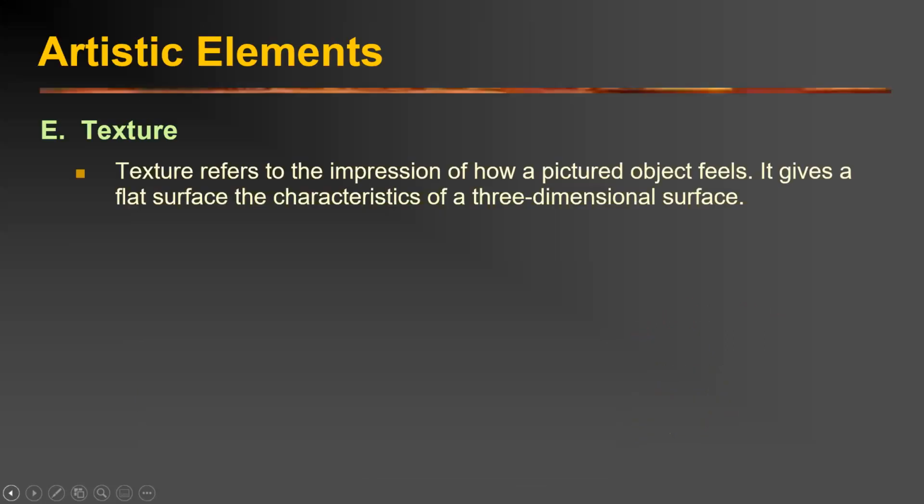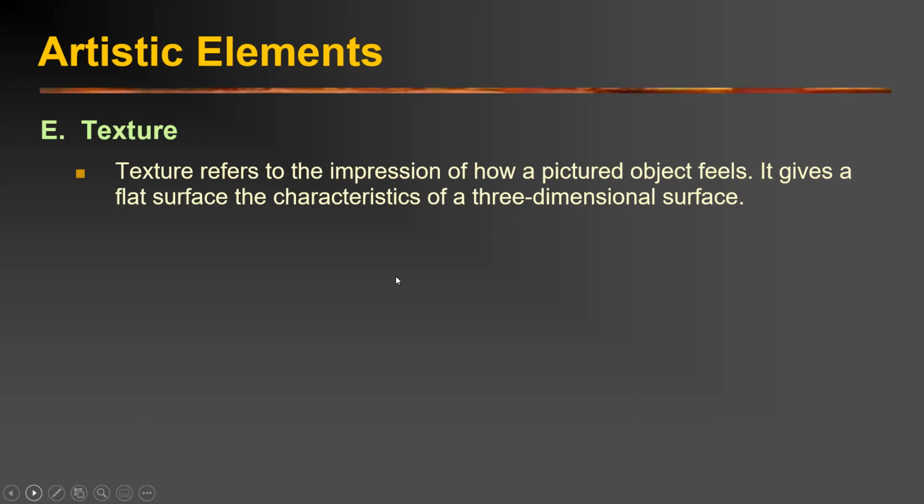So we have lines, we have space, shapes, color, and this time we'll have texture as part of the artistic elements. When we say texture, it refers to the impression of how a pictured object feels. It gives that flat surface the characteristics of a three-dimensional surface. Textual effects generally offers a greater sense of reality to a picture.